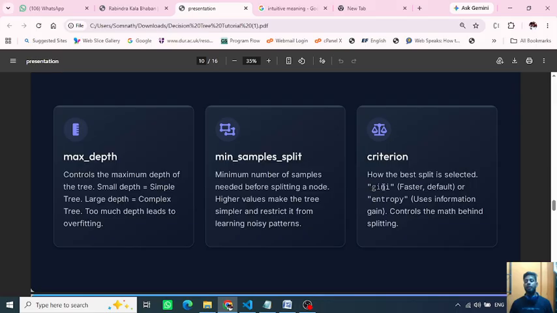This is Gini, which is fast and the default, or entropy. As I said before, this algorithm finds the best split selection. You can say algorithm.